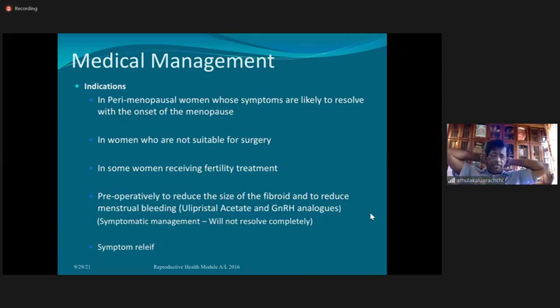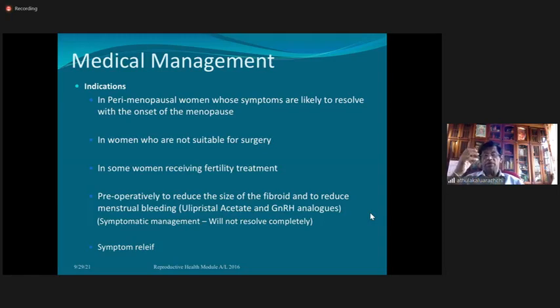There is also another place for these medicines in fibroid management. The drugs include GnRH analogs, danazol and many others, which we will come to.